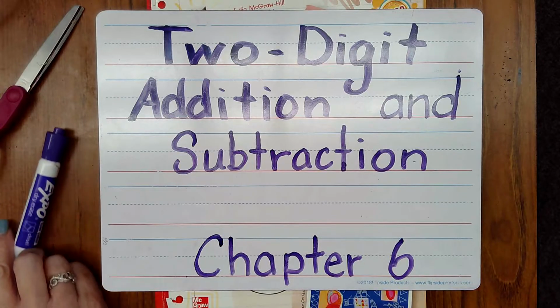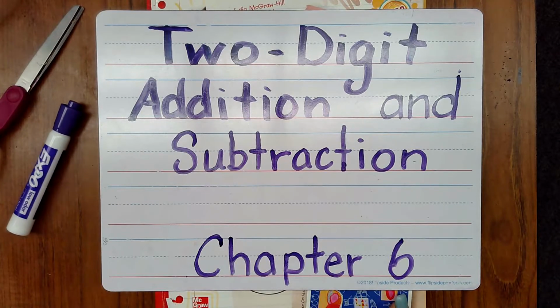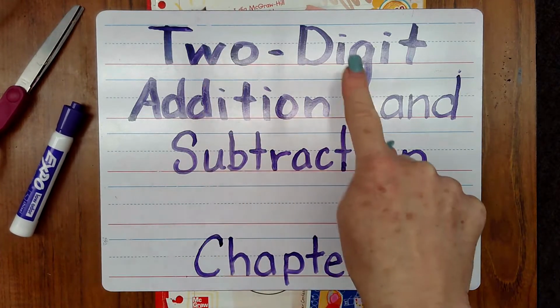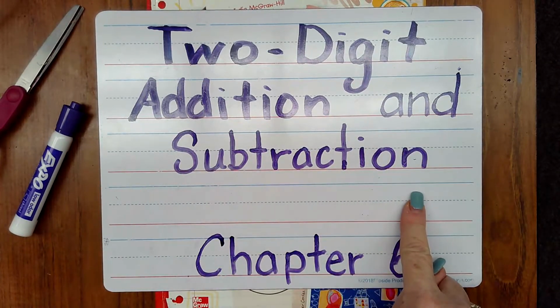Gray. Today we are going to start Chapter 6 in our math book, and we are going to be learning about two-digit addition and subtraction.